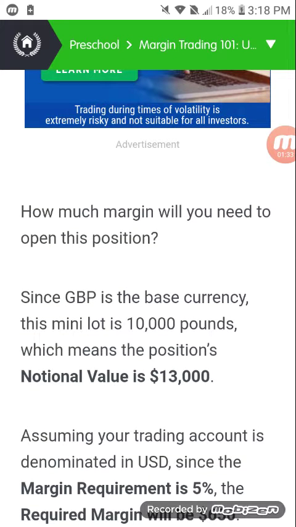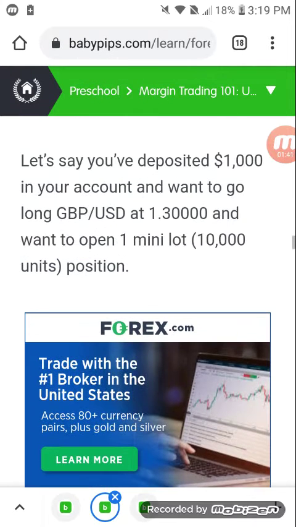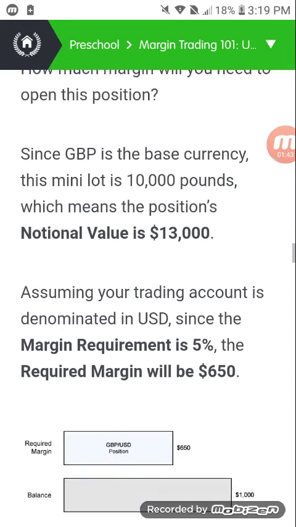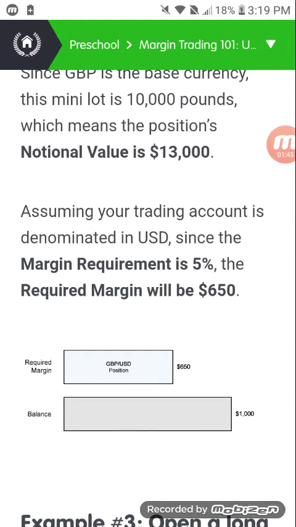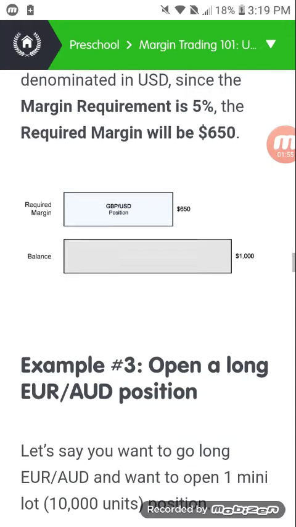Since GBP is the base currency, this mini lot is 10,000 pounds, which means that the position notional value of that is 13,000. So assuming that your trading account is denominated in USD, since the margin requirement for GBPUSD is 5%, the required margin will be 650. Okay, so from your balance.